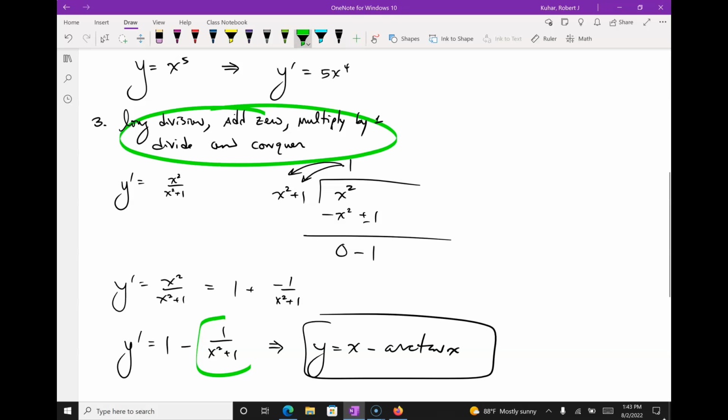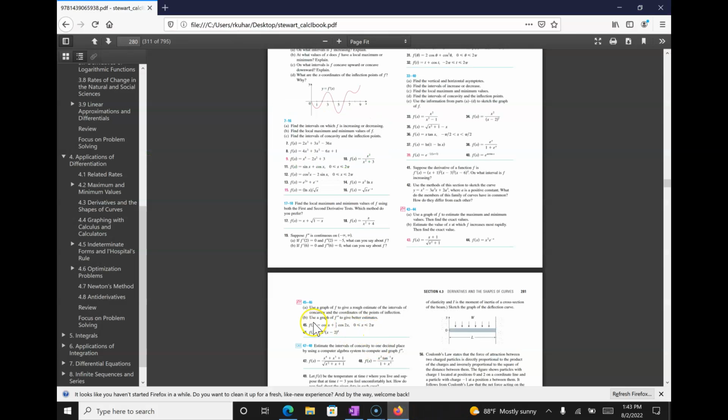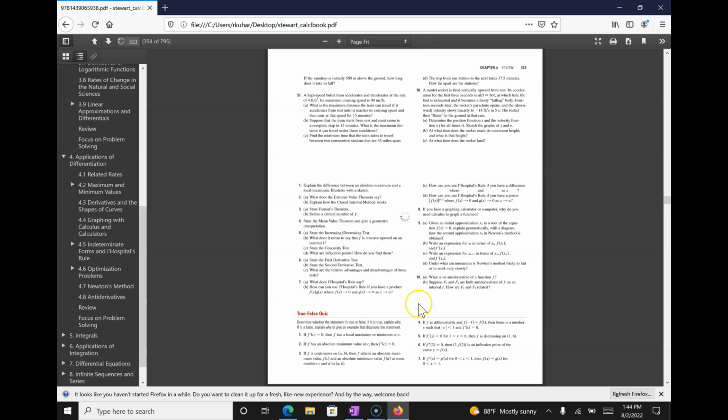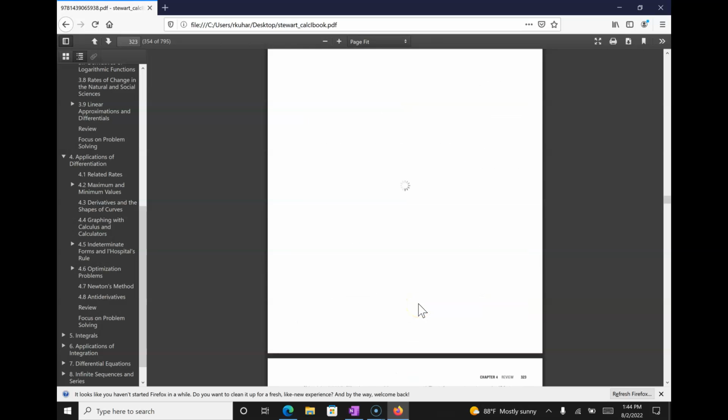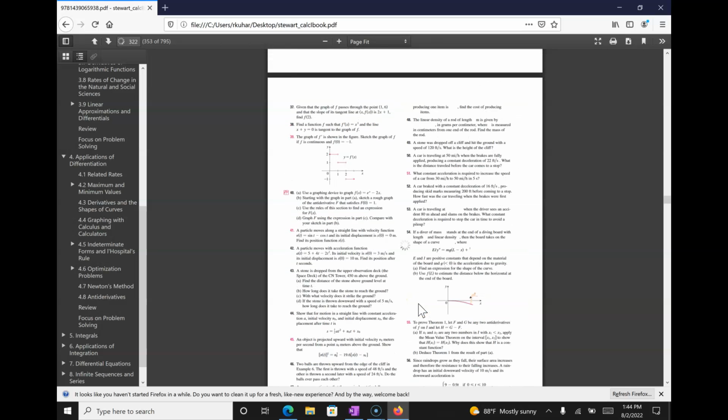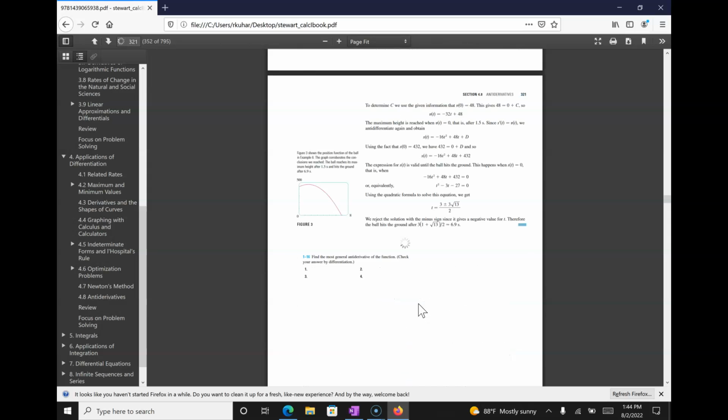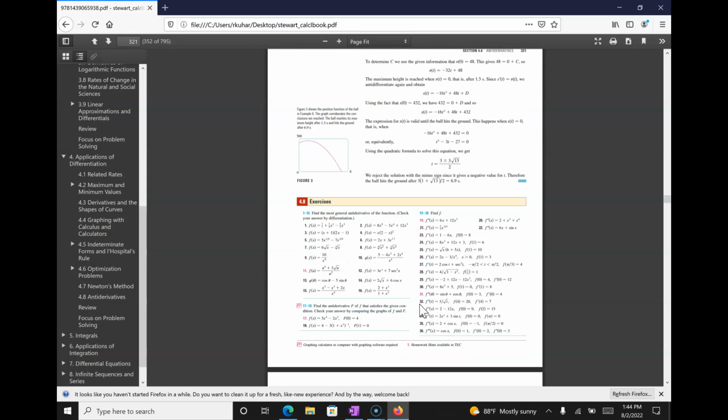But let's take a look at a couple in the textbook. See, this is better, right? This is better than the first derivative test? Hell yeah, right? No? Okay, here we go. So antiderivatives. What problems do I like here? I like everything from 1 to 35.